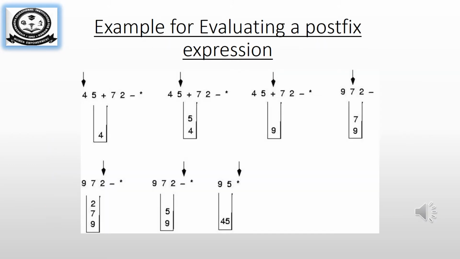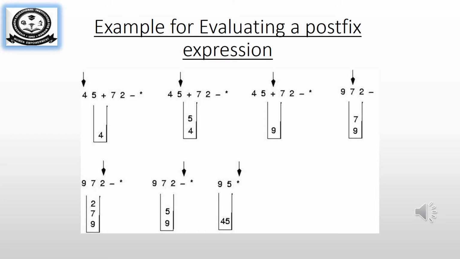Let us see an example of how a postfix expression is evaluated. Now I have the postfix expression 4 5 plus 7 2 minus star. When it sees 4, 4 will be pushed into the stack. When it sees 5, 5 is also pushed into the stack. When it encounters plus, 2 symbols will be popped out from the stack.